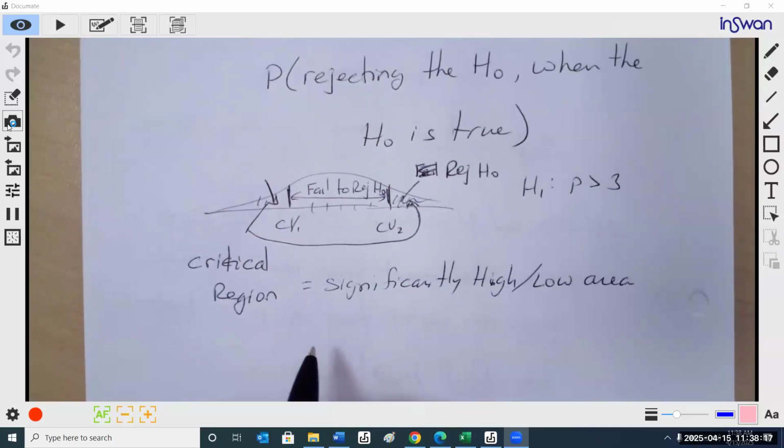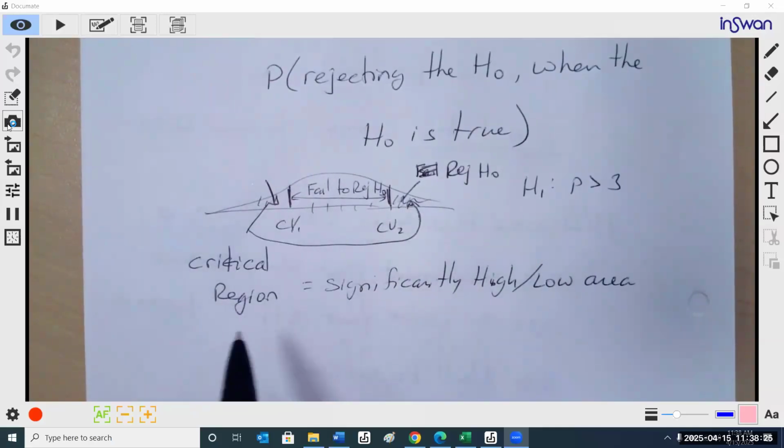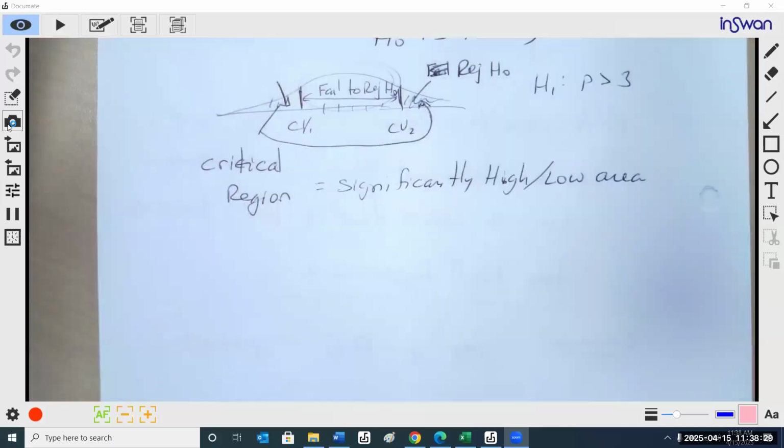So what we have to do is determine how sure we are of this critical region we're looking at. This is the critical region. Just defining it.